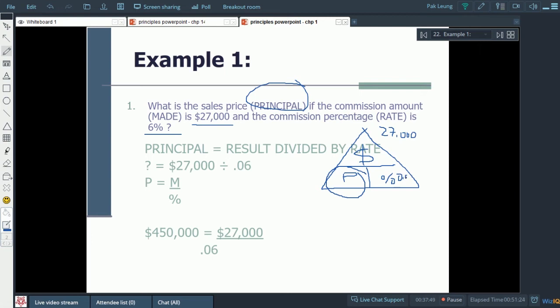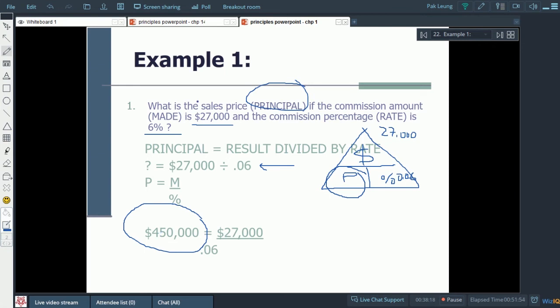So how much money is made? 27,000. And then the percentage is 6%, which is 0.06 if you use the calculator. But look here, this is exactly what they tell you: 27,000 divided by 0.06 is equal to $450,000.